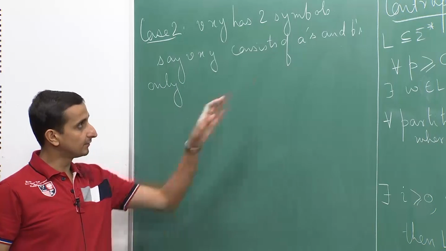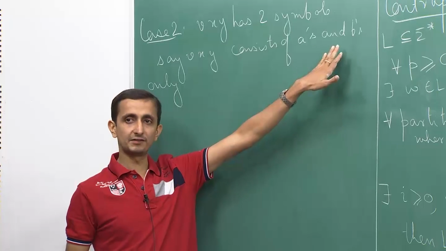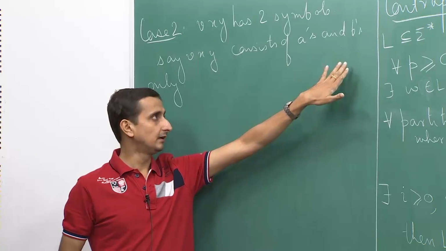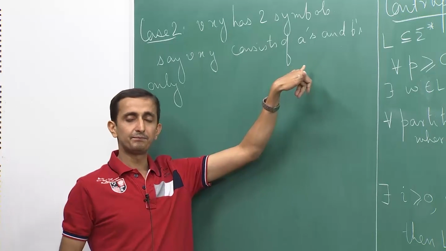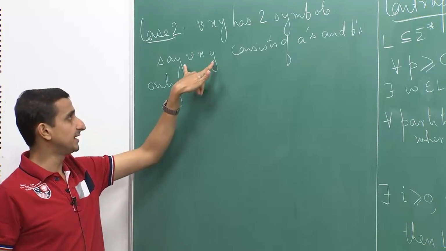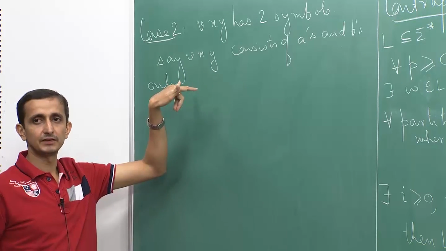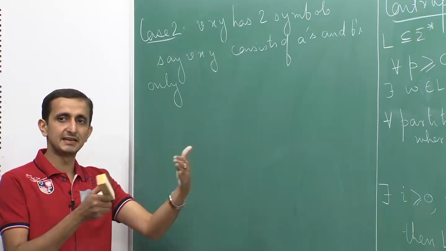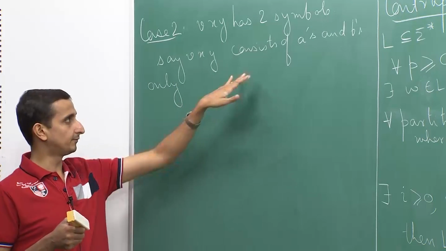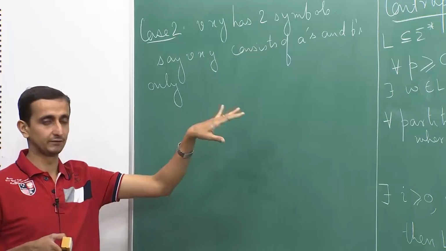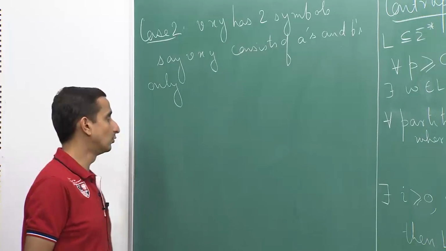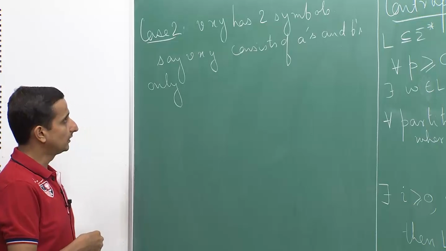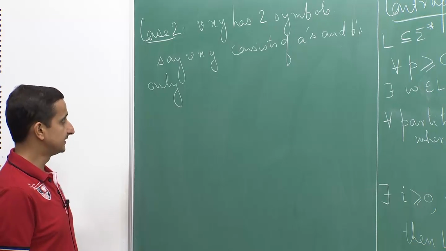Observe that it cannot contain all three symbols a, b and c. The reason being that the length of vxy is at most p. Because each of these blocks of a's, b's and c's has p symbols, vxy cannot contain all three of them. It can only contain two of them. So, it does not contain c's.